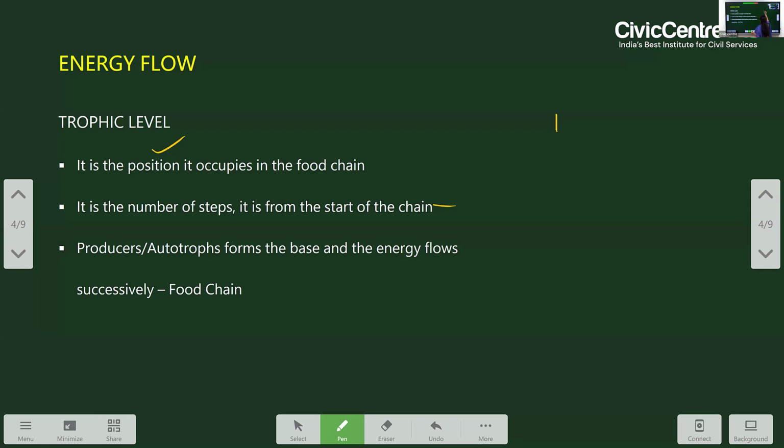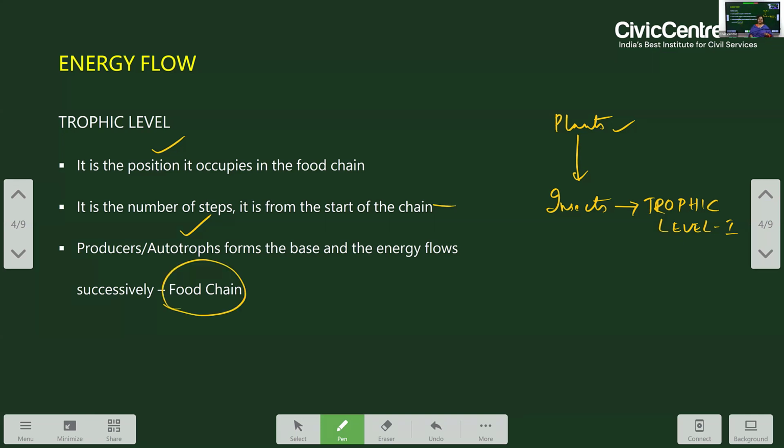Now, in a food chain where plants are consumed by some insects, these are at trophic level 1 because they are one step away from the base of the food chain, that is plants. And when in a system the producers form the base of the energy and the energy flows successively, such systems in nature are called food chains.